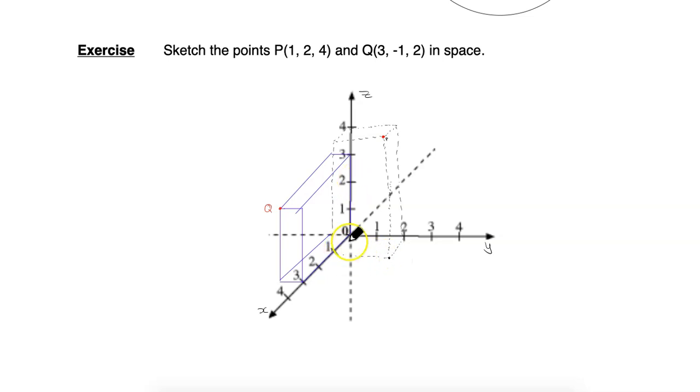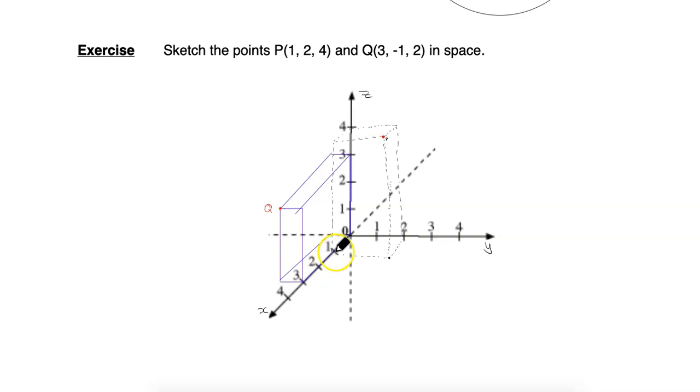Something that's important is that when you go 1 in the x direction and then 1, 2 in the y direction, you want to make sure that you're not aligned with the 2 here, right? Because of the angle, because of the perspective, you are before 2. And likewise, when you go up 4 steps, you are not reaching the height of the tick here at 4. You are slightly lower, if I may say.